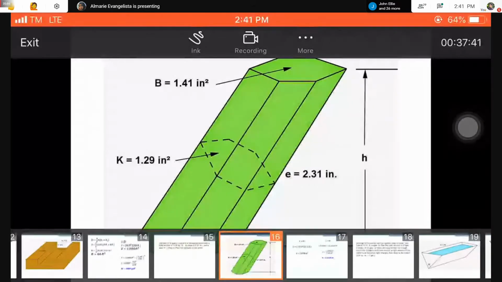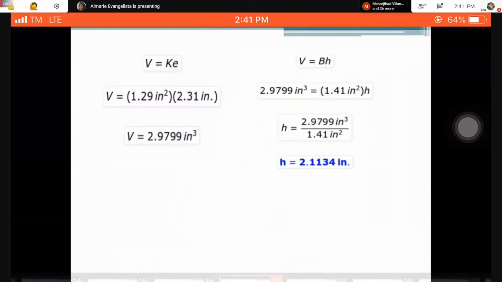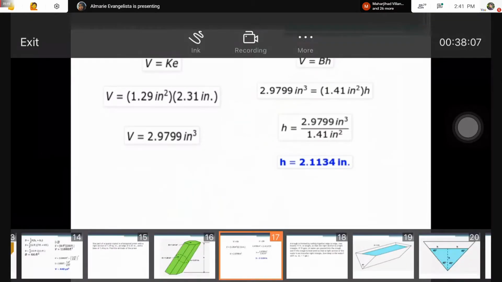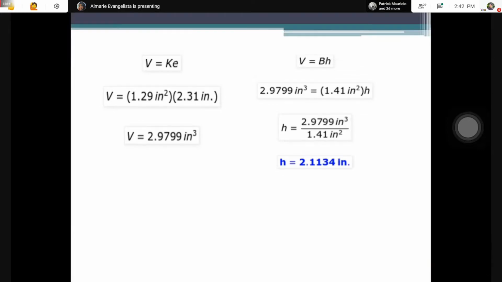So, since nakuha na natin yung volume, and given yung base ng hexagonal prism natin, i-equate natin siya. So, using our given 2.98 cubic inch over 1.41 square inch is equals to 2.11 inch.